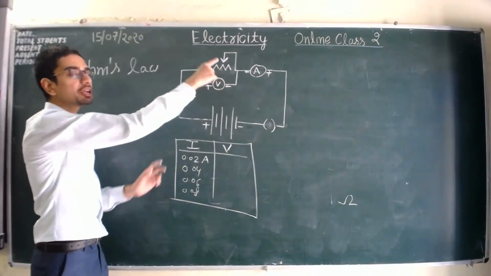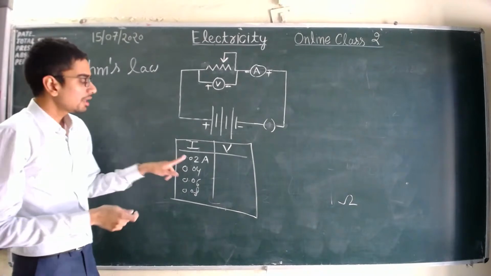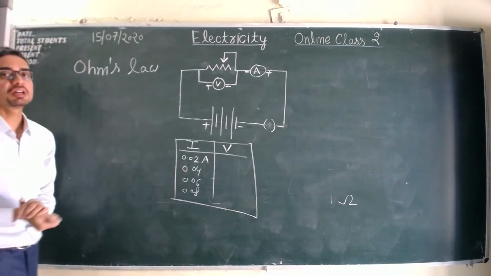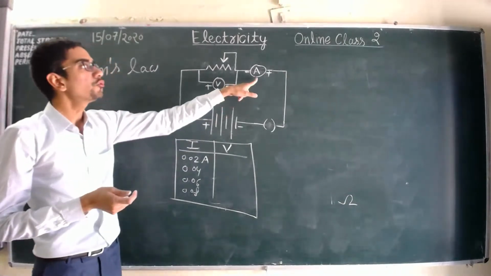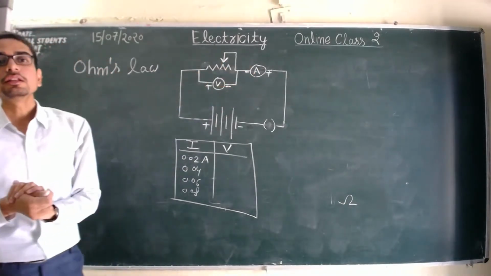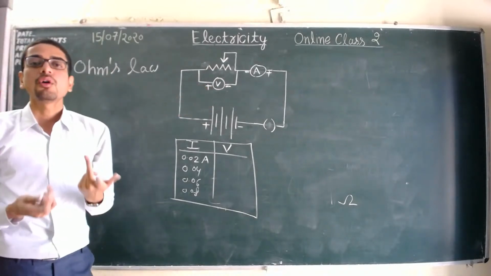Rheostat पहले इधर था, फिर आपने इसको और साइड में किया तो करंट की वैल्यू इंक्रीज हुई, ऐसे वैल्यू इंक्रीज हो गई. What do you observe? You observe that as the value of current increases, value of voltage also increases, and that is Ohm's law.